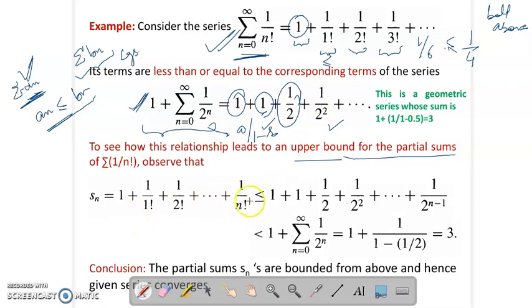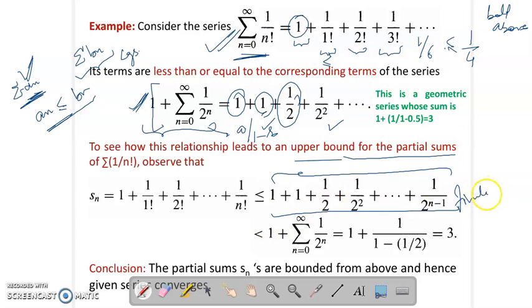So 1 is less than or equal to 1, 1 by 1 factorial is less than or equal to 1, and 1 by n factorial is less than or equal to 1 by 2 to the power n minus 1. So this is from this series. Now this is the sum of finite terms of this series. This will obviously be strictly less than the sum of the infinite series where n varies from 0 to infinity, right?